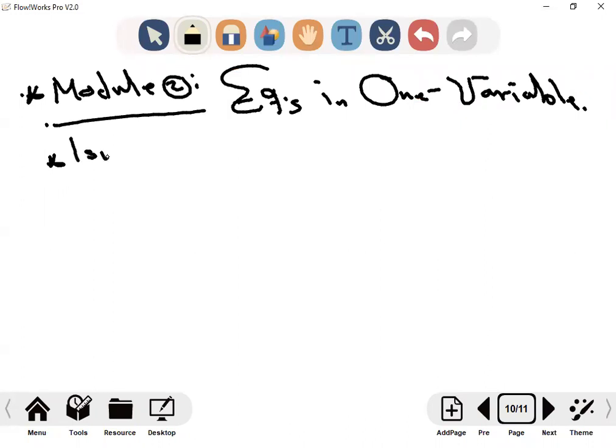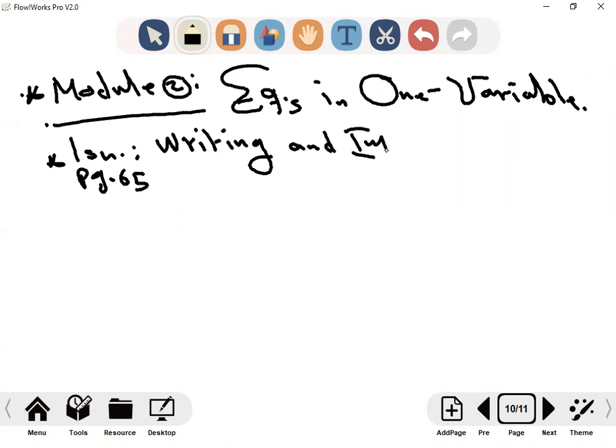Lesson 1, page 65, is writing and interpreting equations. Did I write it correctly? Okay. Right.